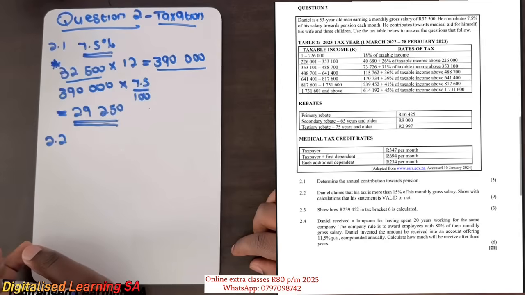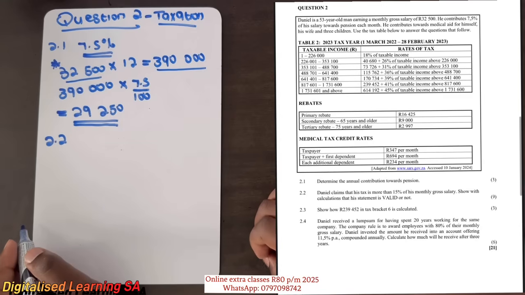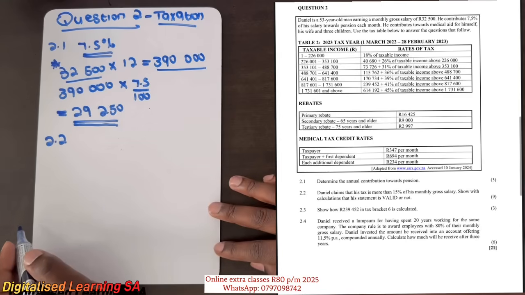To do that, we first need to see how much tax he needs to pay to SARS in a month. But to calculate that, we need to calculate it annually first, and then convert it to monthly. So let's see how much tax he pays to SARS annually.